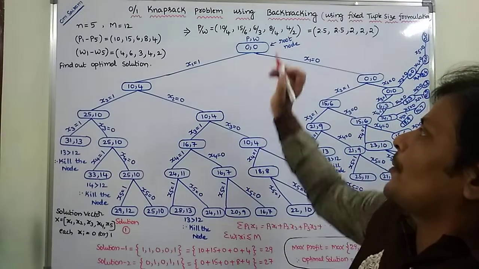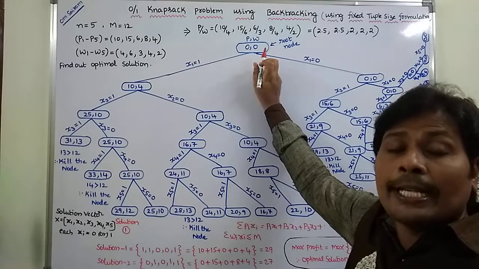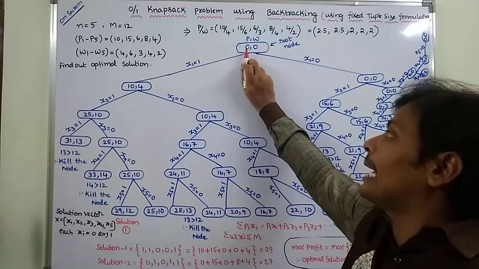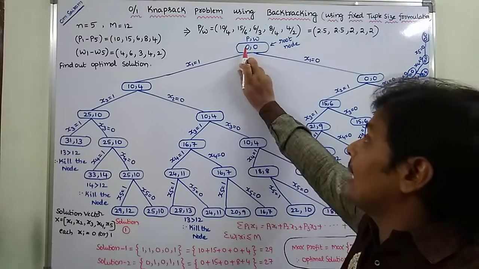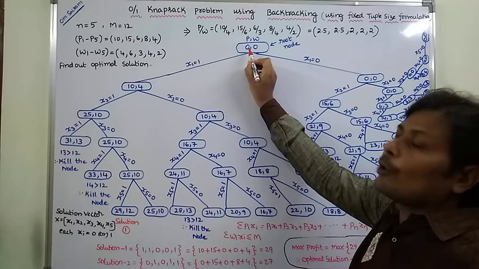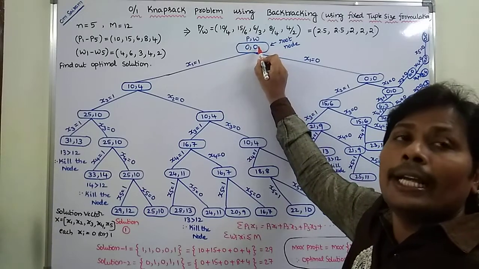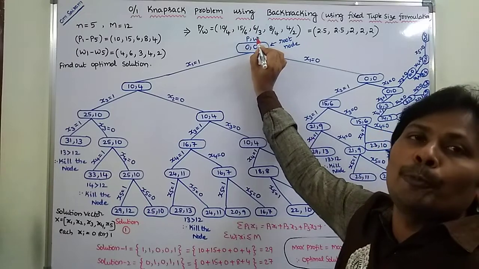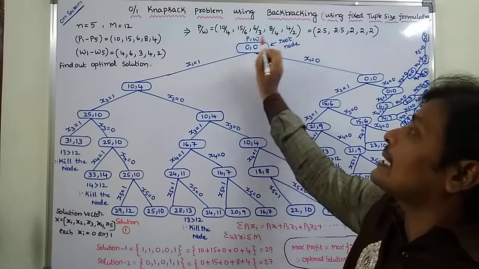Okay, so first the state space tree starts with a root node. That root node contains two coordinates. The first coordinate is called the profit coordinate and the second coordinate is called the weight coordinate. So that is a P comma W pair.